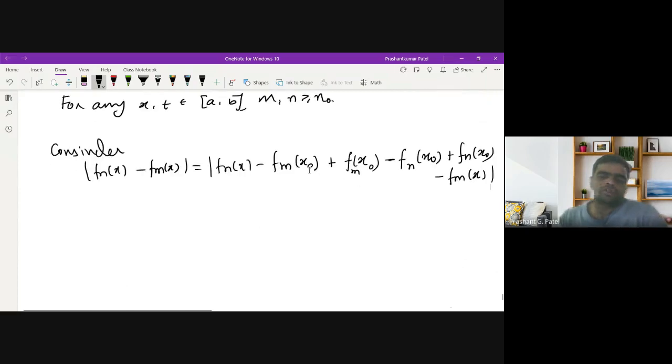So actually I have added and subtracted two terms here: f_m(x0) and f_n(x0). Now let us adjust some terms by the triangle inequality. So this is less than or equal to |f_n(x) - f_m(x)|, that is this term.